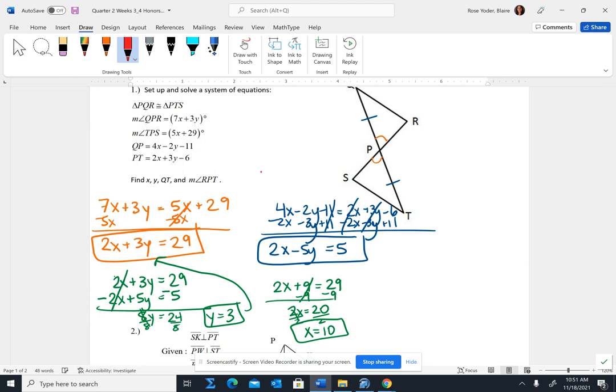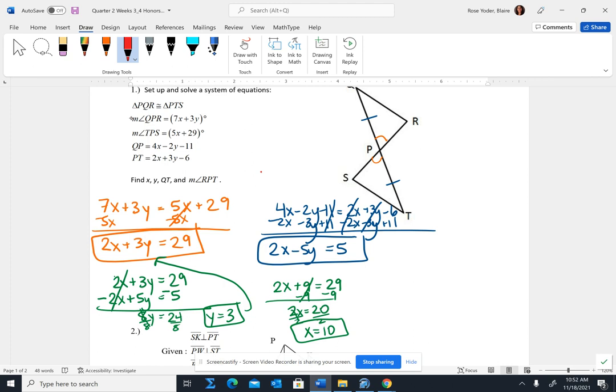So then, of course, we ask you to substitute that back in and find some other stuff. So it says to find QT, which is this segment right here, which is what you get when you combine QP and PT. So why don't I substitute x is 10 and y is 3 back in? I really only need to do one of them because they should be equivalent to each other since those segments were congruent. So I'm going to do PT. 2 times 10 is 20. 3 times 3 is 9.